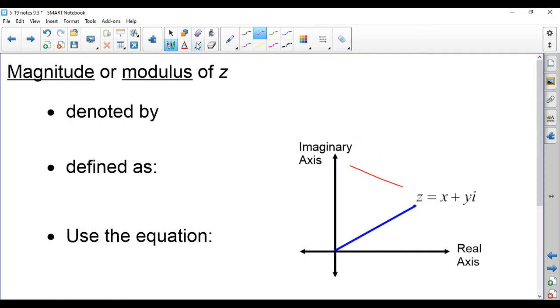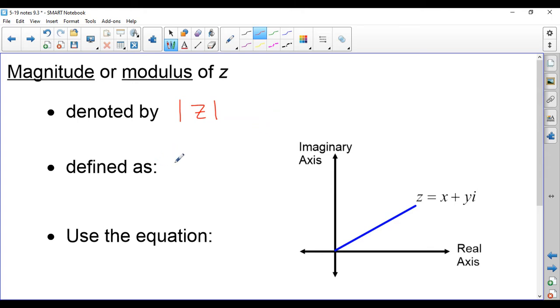When we talk about complex numbers, we talk about the modulus or magnitude of the complex number z. I think I'm going to use the word magnitude more than modulus. The magnitude is denoted by what looks like absolute value bars, and we're going to see why that is in a second.